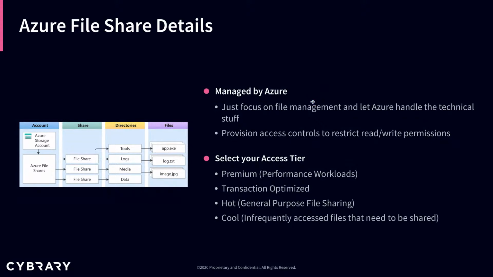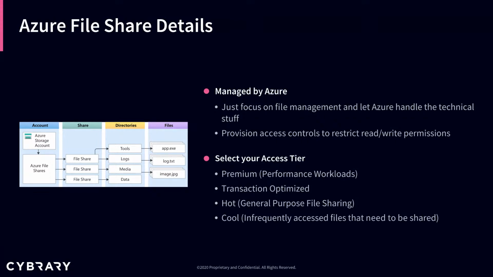In order to select the level of redundancy or the level of access, you can choose an access tier. You have the premium access tier, which is basically for high performance workloads. You have transaction optimized, which basically means that if you have a file share where you're constantly updating the files, then you'll choose transaction optimized.